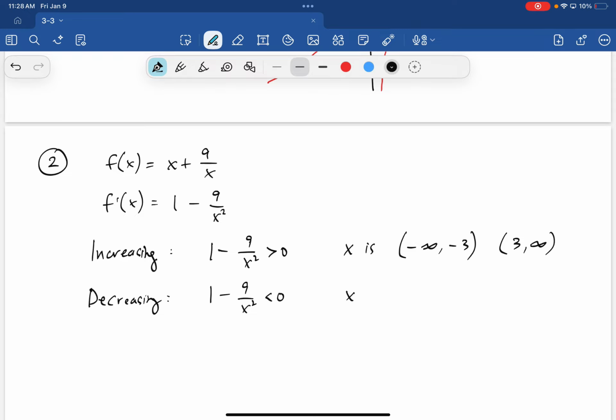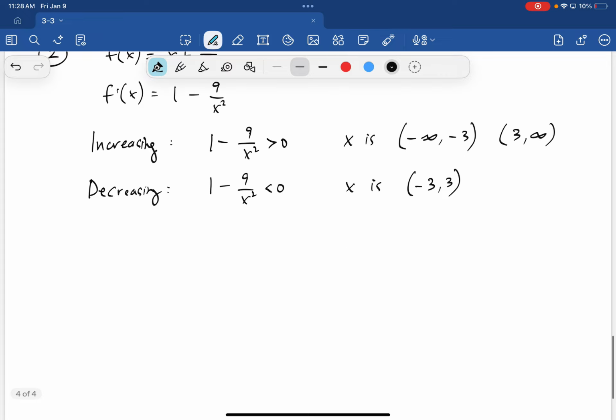And it'll be decreasing when x is between -3 and 3. Okay, that should be your answers.